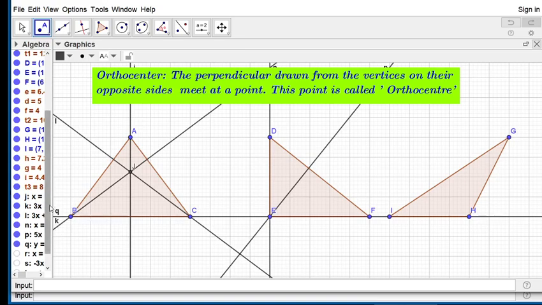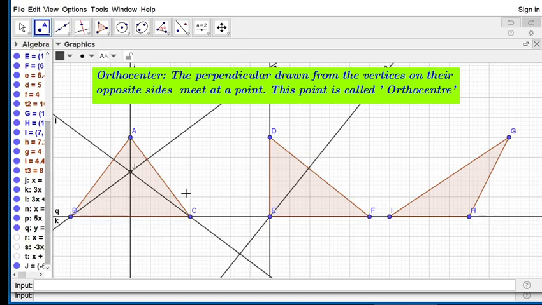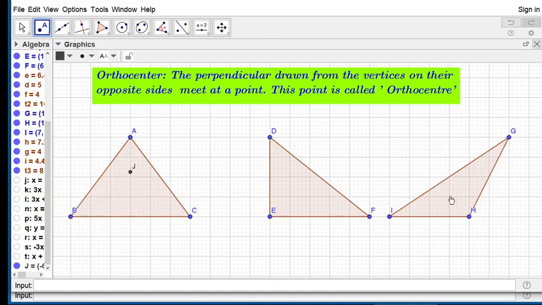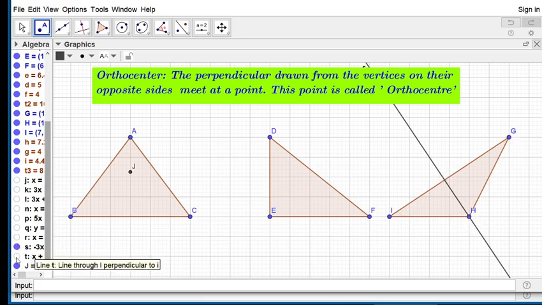Now moving to the next part, dear students, the obtuse angle triangle. Let me remove these two triangles. Now the last triangle, you can see here a perpendicular drawn from S to GI.